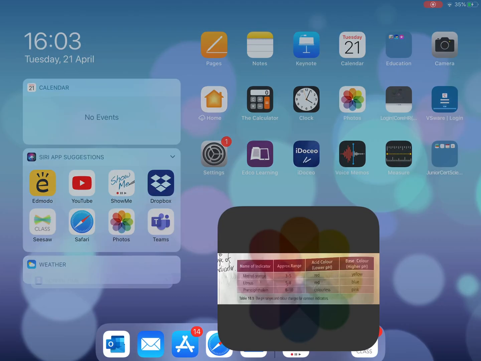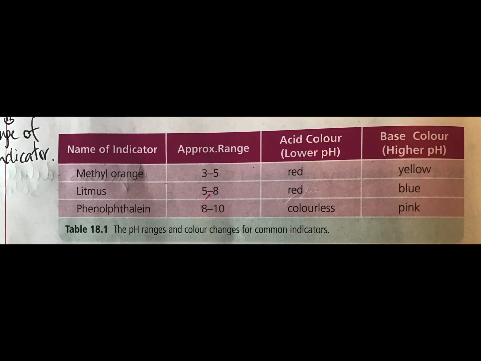Now, the next thing I want to talk to you about is the range of indicators. The range of the indicator is a pH range over which there's a clear change in colour. For instance, if you take methyl orange as an example, can you see the range of the indicator? Methyl orange is clearly red below 3 and it is clearly yellow above 5.